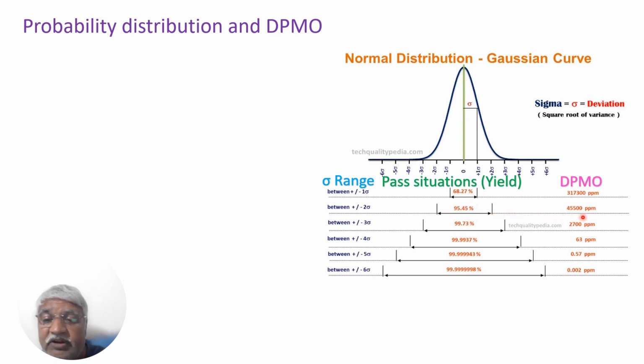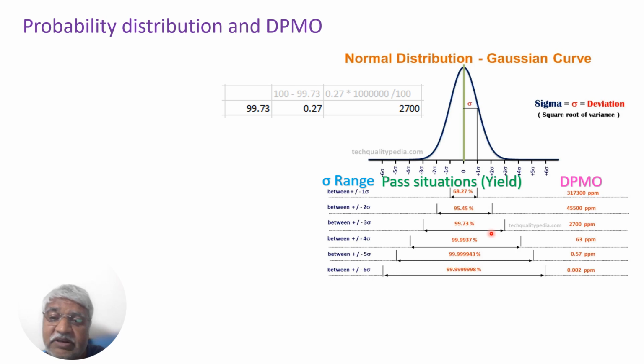So the number of defects parts per million will be very less now compared to this one. Going from -3 sigma to +3 sigma, the pass situation is 99.73%, so you have only 0.27% defects. Because of that, the total number of defects per million are 2700.